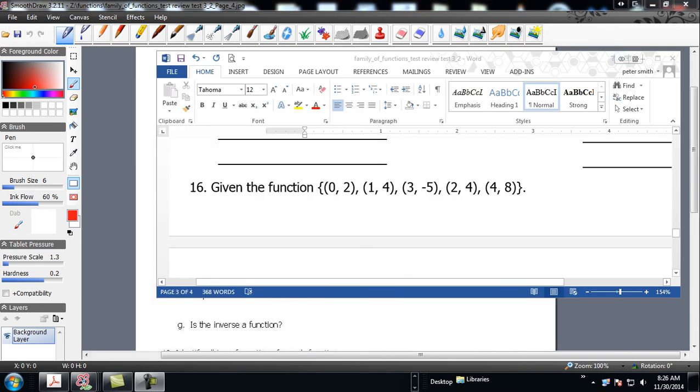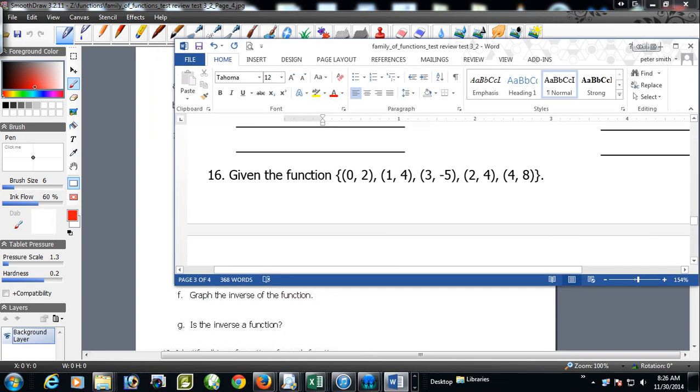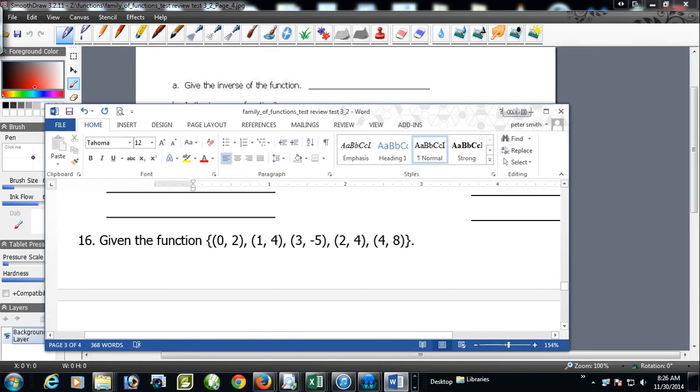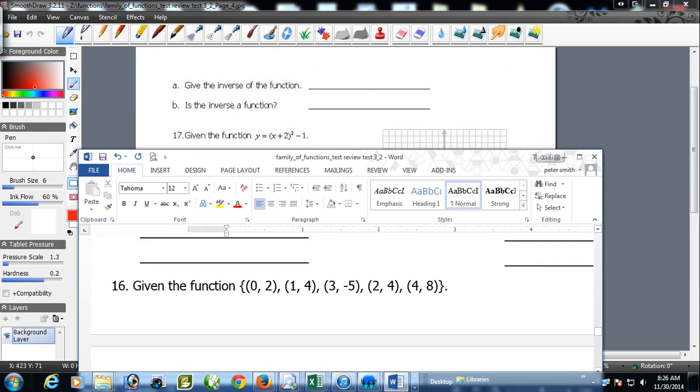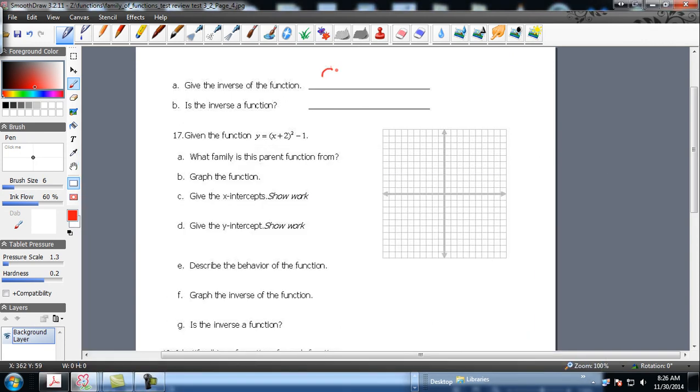Okay. Number 16 says, given the function, write the inverse. Inverse is very simple. All you gotta do is just switch the numbers. So when you see this guy here, it says what's the inverse? You come down here, you write it as a set, and then you just switch the numbers.